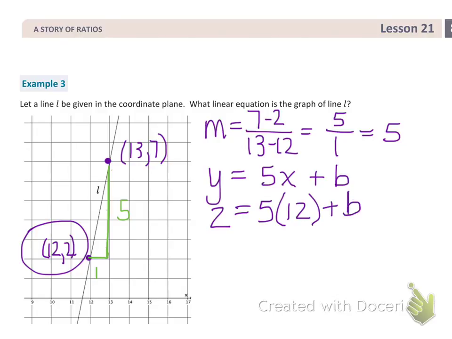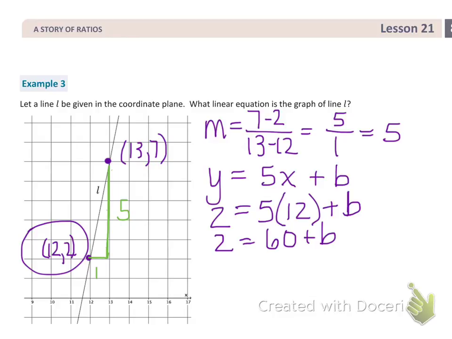And that's going to help us find b. So we know this is a solution to the equation, so we can plug in the point, making that a true statement. So 2 is equal to 5 times 12, which is 60, plus b.